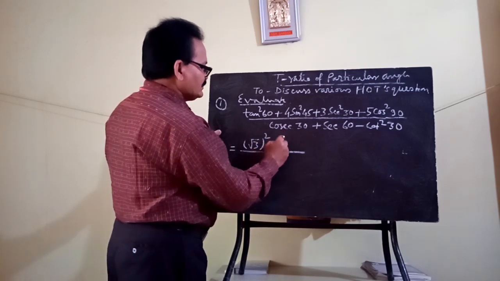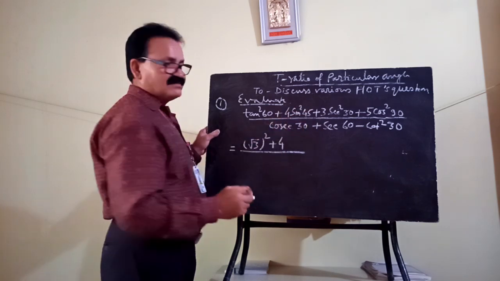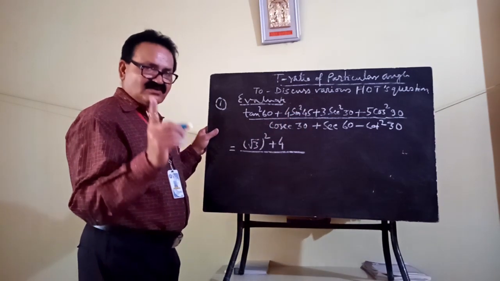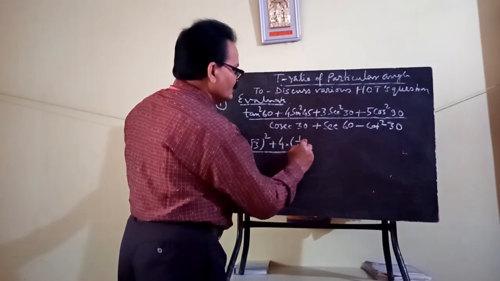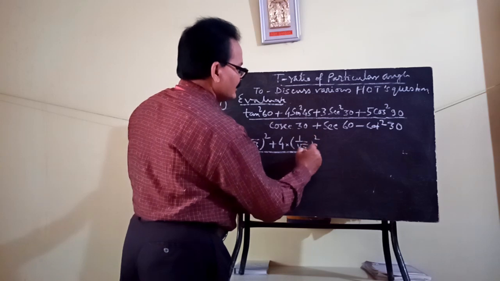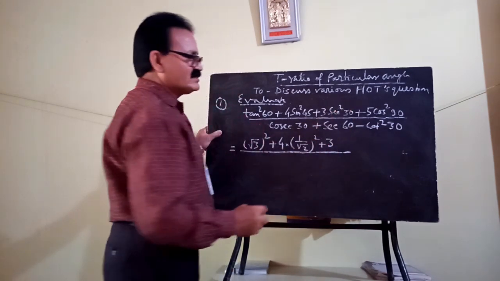Then put a plus sign, write 4 into sin square 45. You know sin 45 is 1 by root 2, so 4 into 1 by root 2 whole square. Again plus 3 sec square 30.